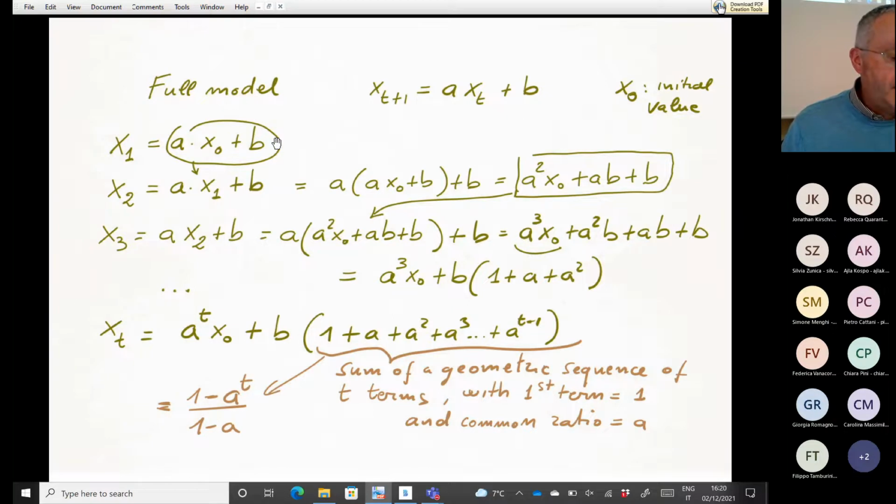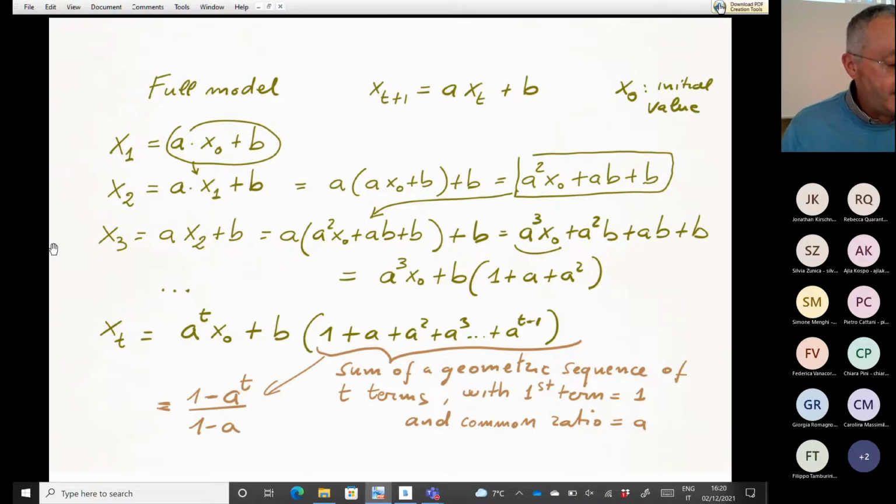This one. If t is equal to 1 now, x at the next step, x2, will be a times x1 plus b. x1 is this one. So replace a times ax0 plus b. It becomes a squared x0 plus ab plus b.